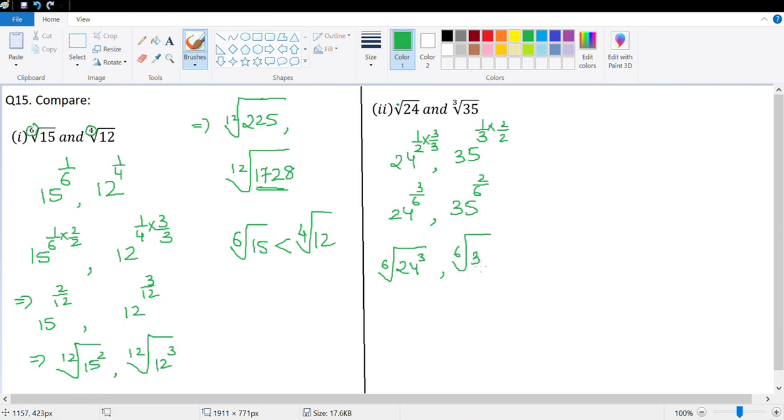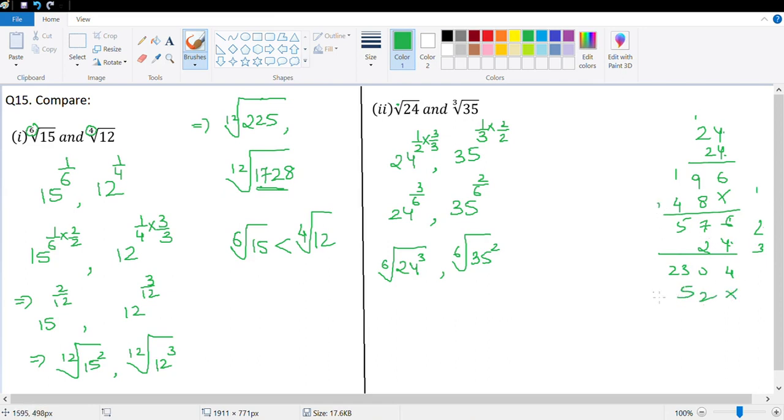24 cube, that's 24 into 24, which is 576, into 24, that's 13824.